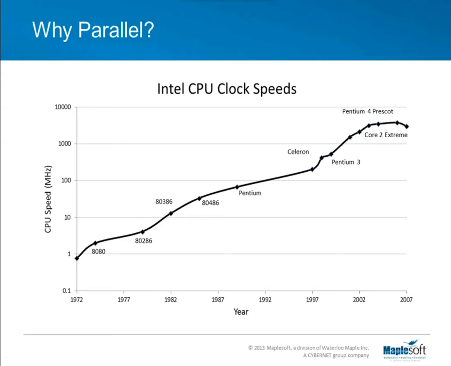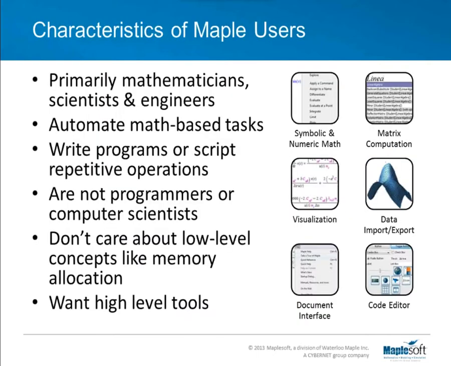But this meant you couldn't make your math software faster simply by buying a new CPU with more cores. That math software has to be reprogrammed in order to take advantage of this new multi-core computing power. And that presents a real challenge to companies like Maplesoft.